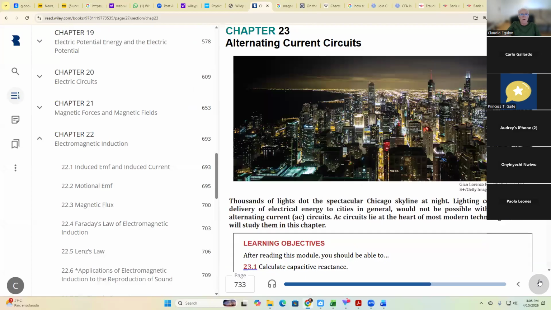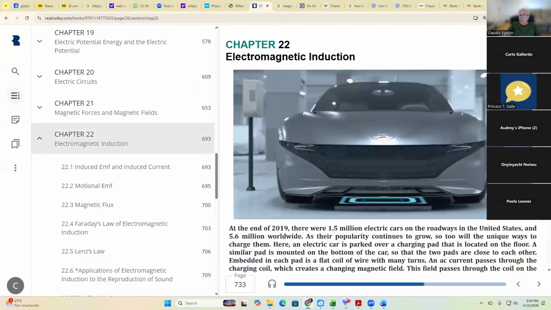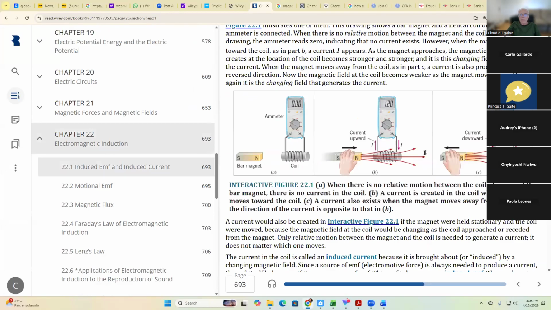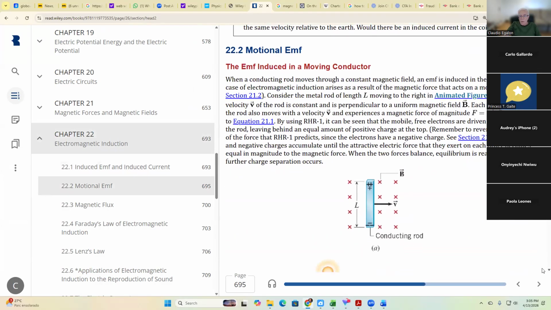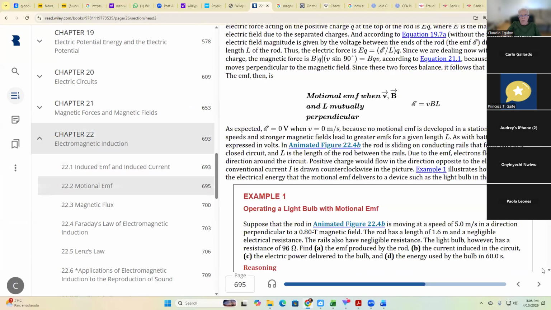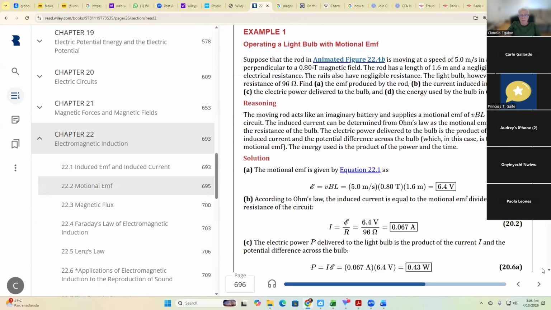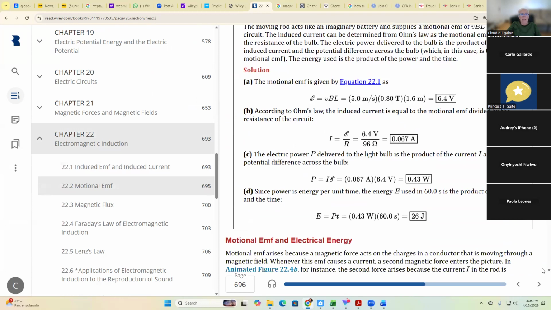That's magnetic induction. That's motional EMF. Here he did a similar example to the one I did, with different numeric values.